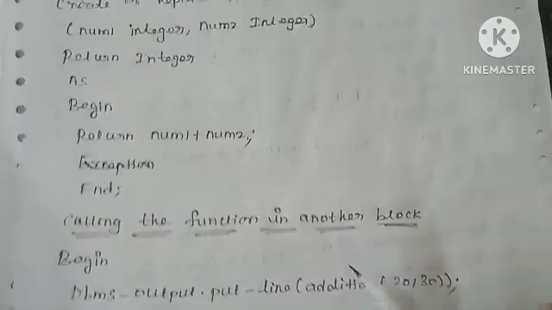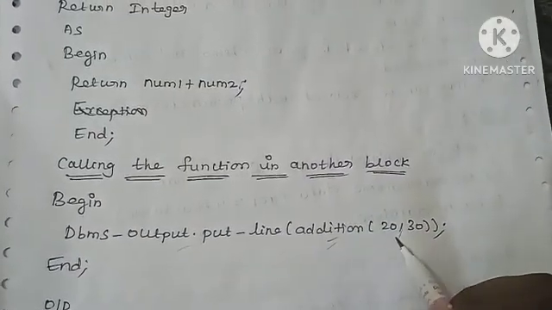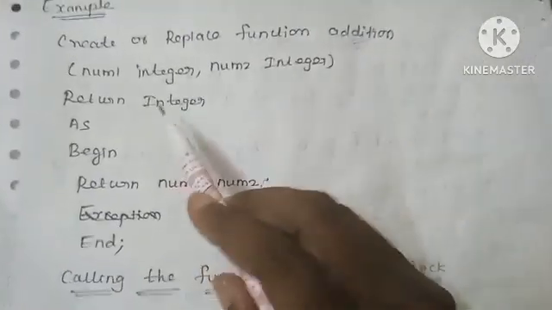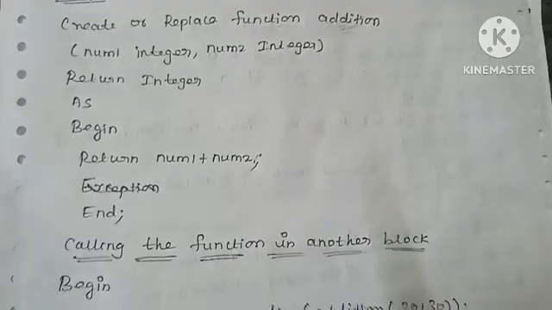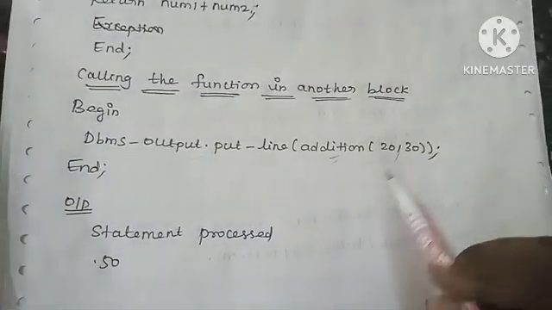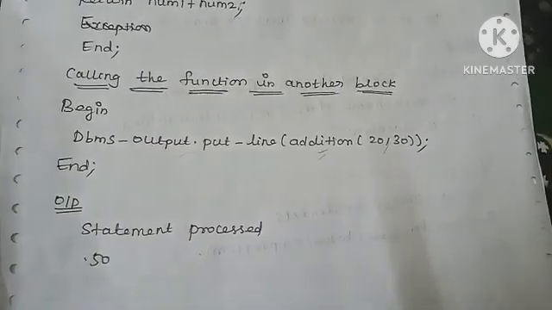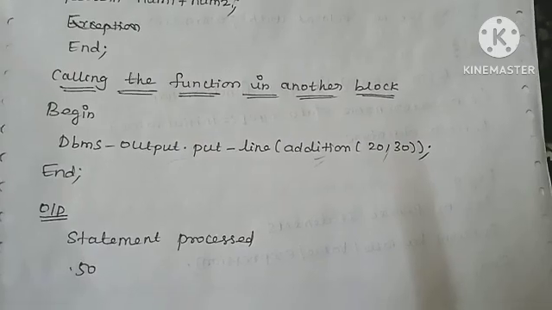This is the function name, and its values are 20, 30. This function call goes to num1 and num2, so num1 plus num2 is returned, and the output will be 20 plus 30, which is 50. This is how to create and call the function.